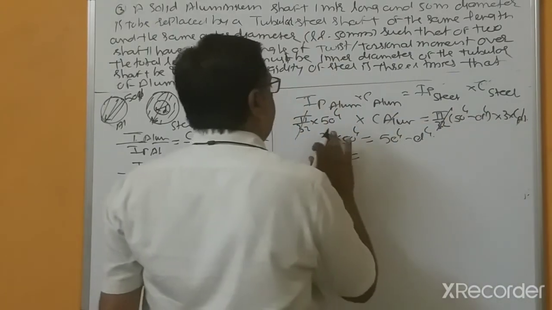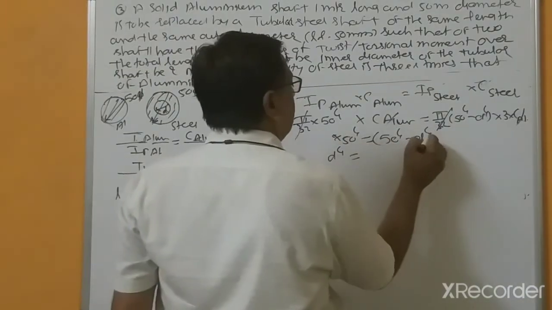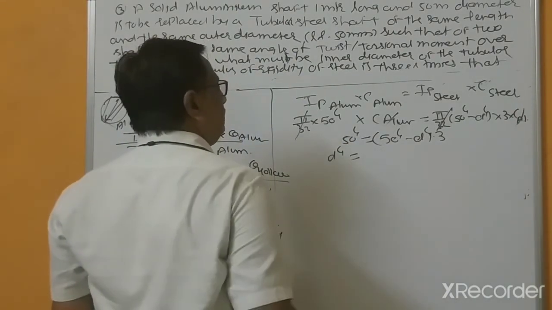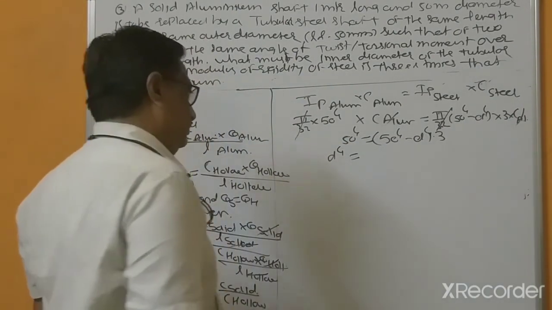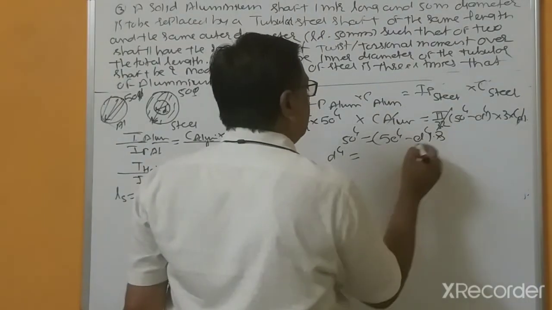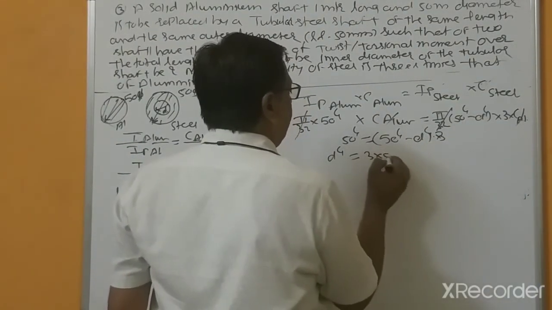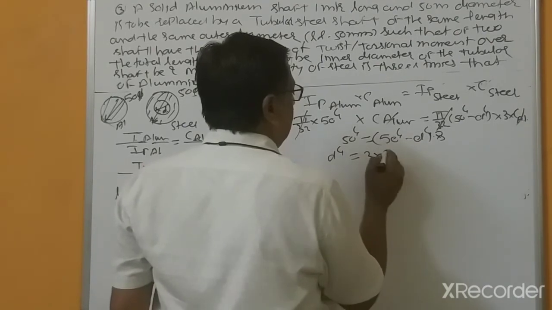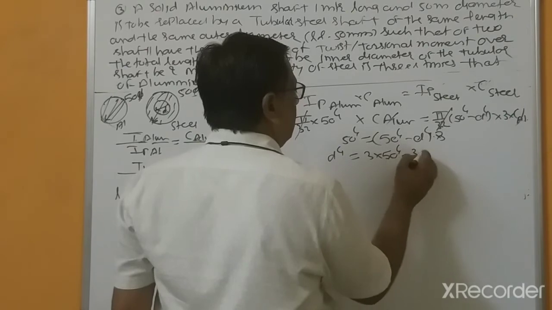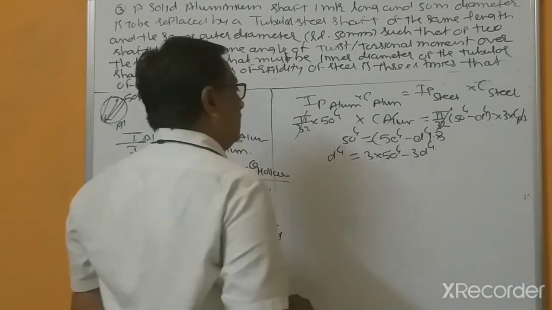So this will get cancelled, multiplied by 3. So 3 into 50 raised to 4, 3 d raised to 4.